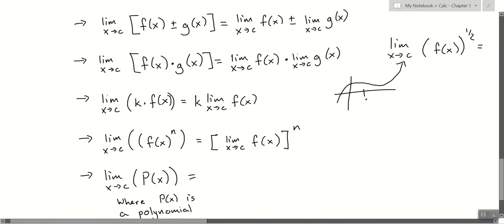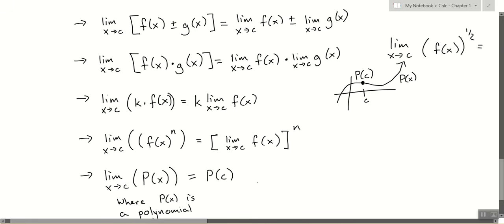As I get closer to this value, the y value gets closer to there. A few minutes ago, Dolan helped us pick out what point that was. If this is my function p of x, what value does this get close to as I approach c? P of c.